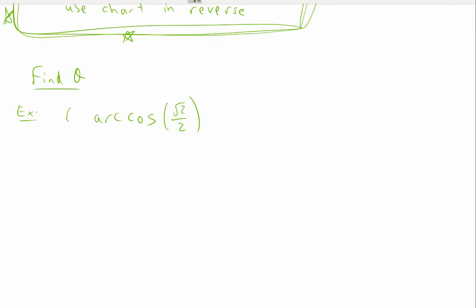What we mean by this is we want to know what is the angle that has a cosine function value of square root of 2 over 2. Another way to say this is the angle whose cosine value is square root of 2 over 2.